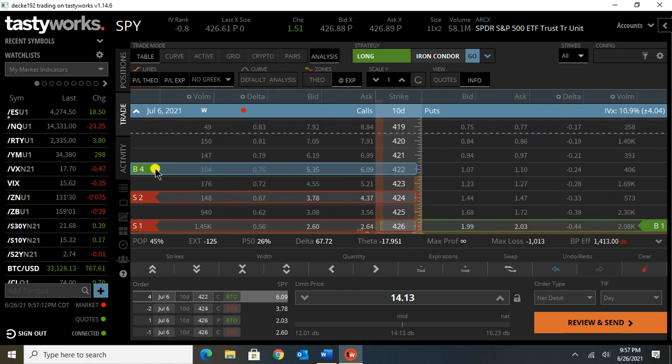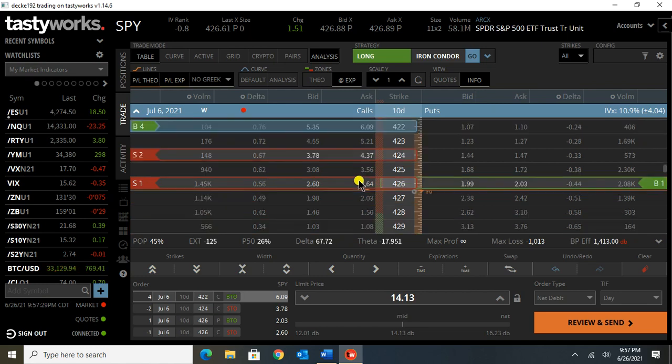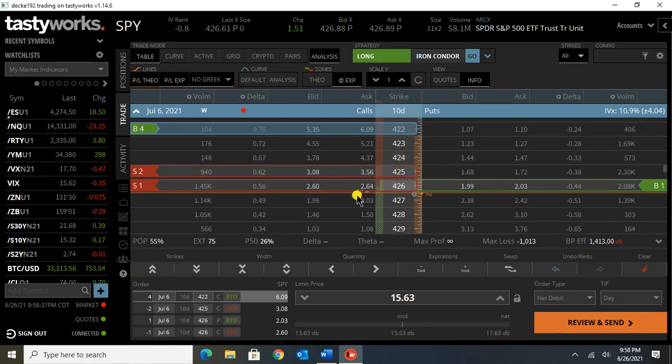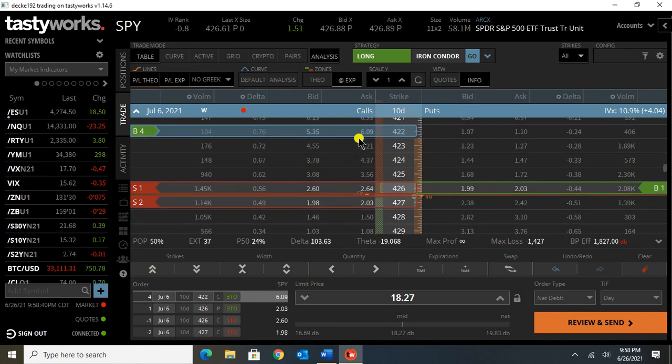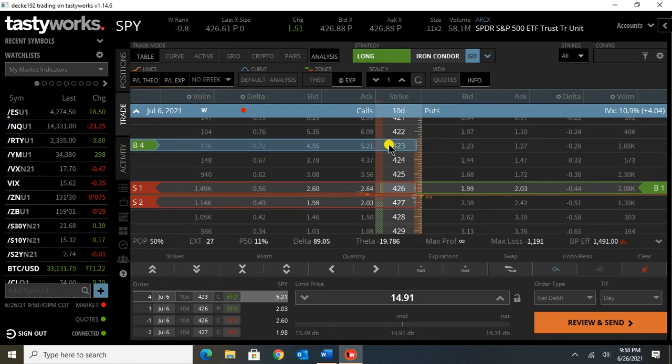But you would still do the 2x4 back spread, and you would still do the same expiration. So if it's Thursday or Friday, I would do the Monday expiration, and then after the weekend, on Monday morning, if the market rallies, this is a way to make more money if it turns around. So I'm going to move my position back to the original here. It was actually the 423, not the 422, so I misspoke there.